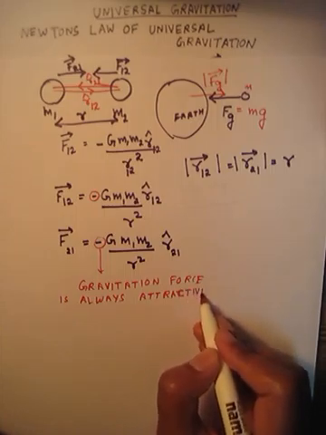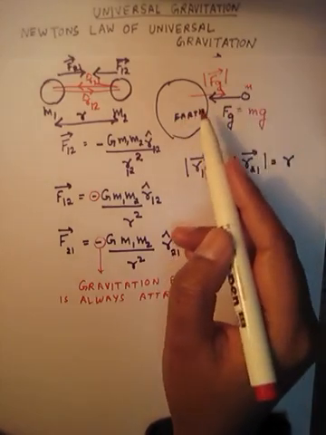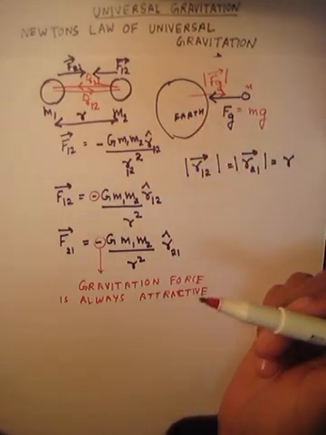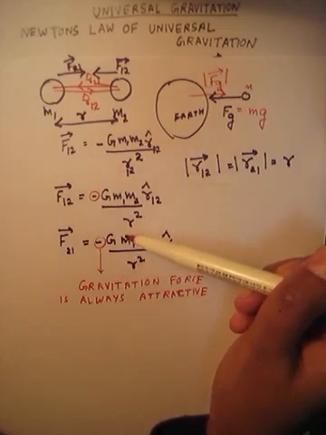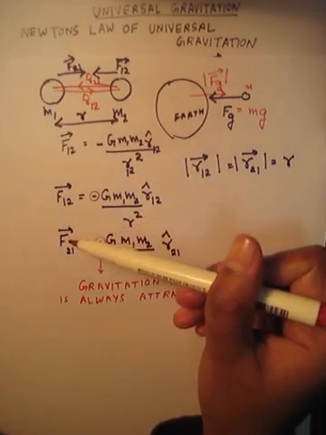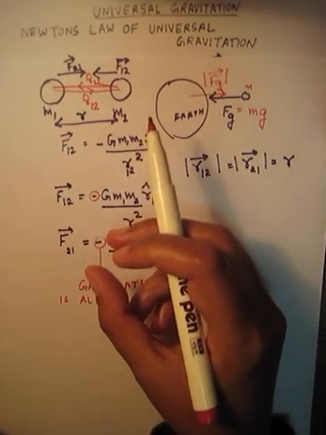So whenever you have a system which has two masses, they will always have an attractive force towards each other. And this depends on these masses. If you have a large mass, it will have a higher force, and if you have a smaller mass, it will have a very small amount of force.